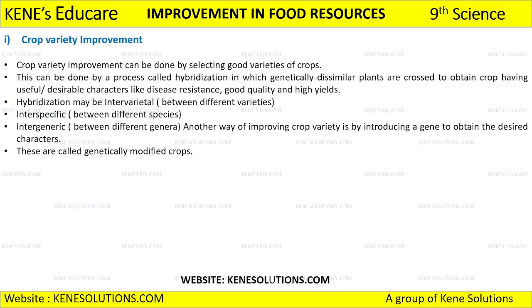So we have already discussed crop variety improvement. I want you all to please go through this slide because this is one of the most important slides. Why? Because it has information on hybridization and the three types of hybridization, that is interspecific, intergeneric, and intervarietal. Okay, so please go through that, everyone.